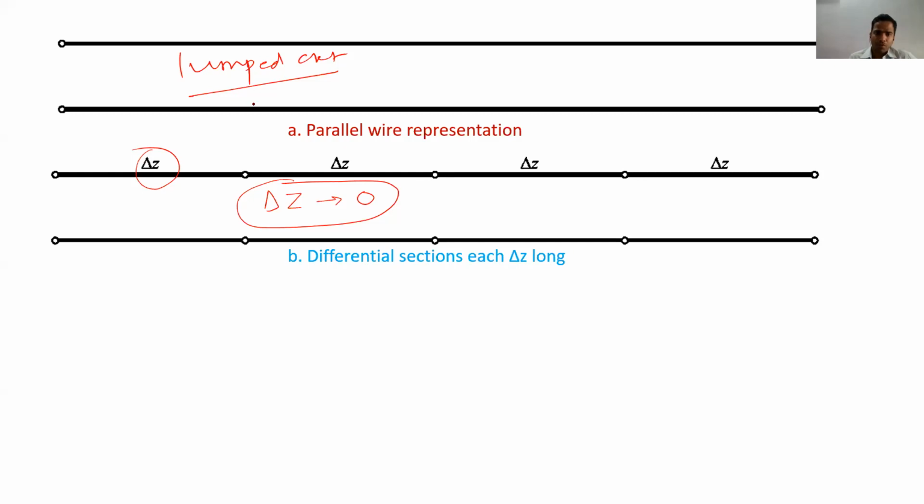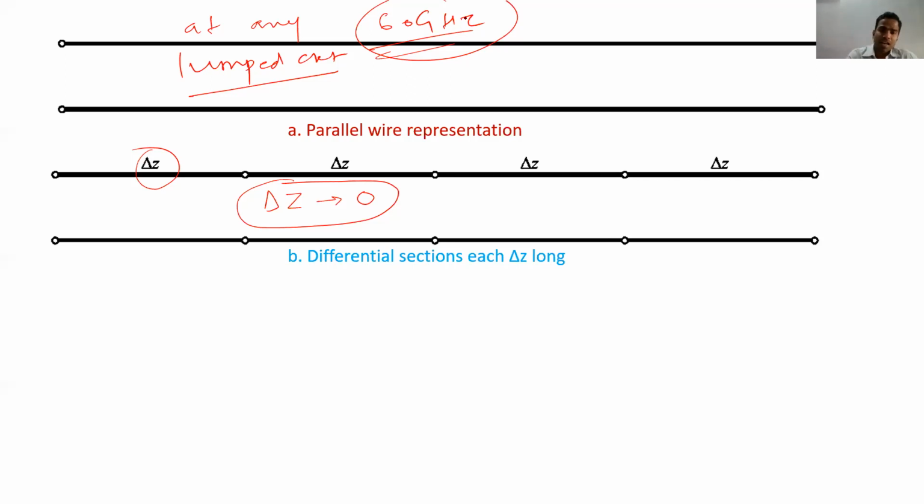So what we assume is at any arbitrary high frequency, frequency can be any amount. Suppose it can be 60 gigahertz, like we are talking of millimeter wave communication, where the range is from 30 gigahertz to 300 gigahertz.